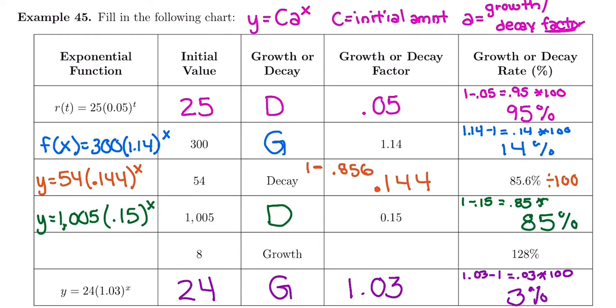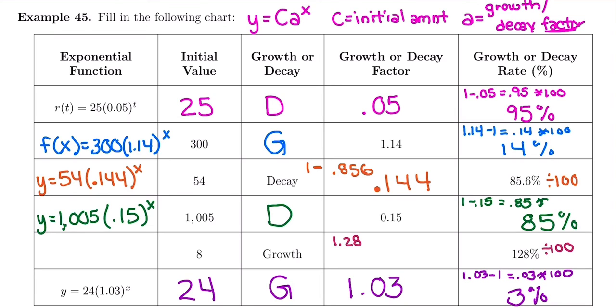And then this last one here, we have some growth, and we have the initial value, and we have the rate. So first of all, we're going to divide that rate by 100 to see what it is as a decimal, which is going to give us, when we move it over, 1.28.